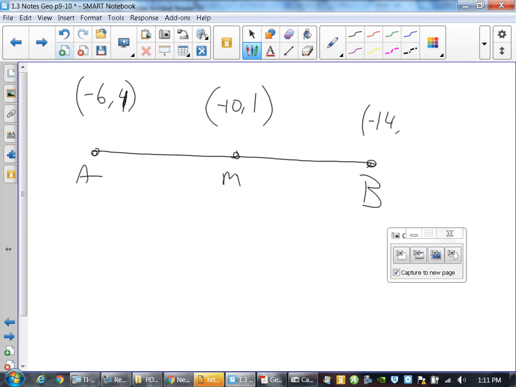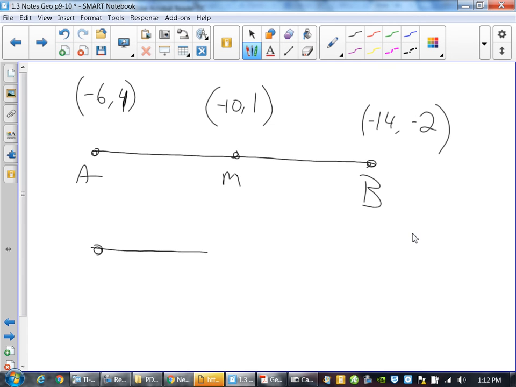Going from 4 to 1, you go up or down? How many? Wait, we subtract? Sometimes you subtract, sometimes you add. What is the 3? You're finding the missing endpoint. So what's 1 minus 3? Negative 2.